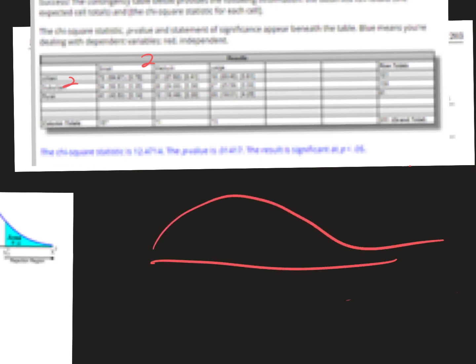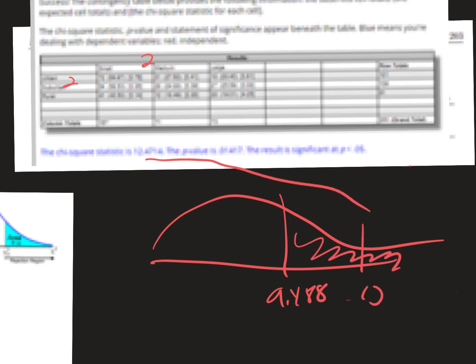The critical value was 9.488 or something like that, and our test statistic is 12 something. So that is in the rejection region. So we're going to reject H0. This is a dependent relationship. And of course, if you look at what the calculator told me, the p-value is less than 5%. So reject H0, same deal.